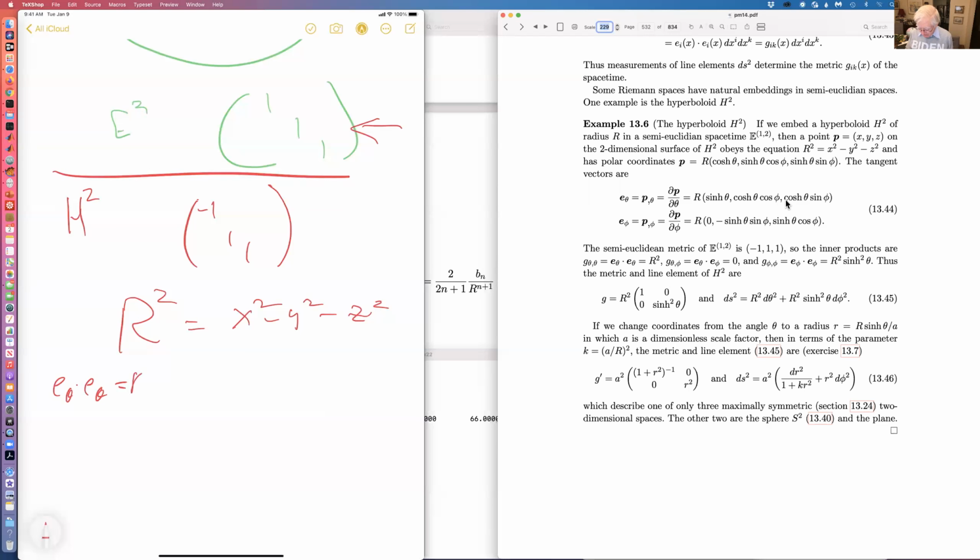That's r squared times minus sh squared plus these two terms, which give ch squared, both of theta. And ch squared minus sh squared is 1, so this is just r squared. And that's this expression here. On the other hand, if you take the dot product of these two, you just get 0.